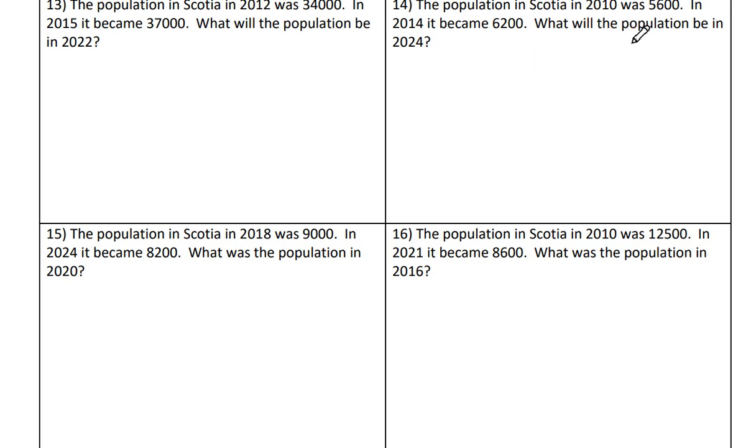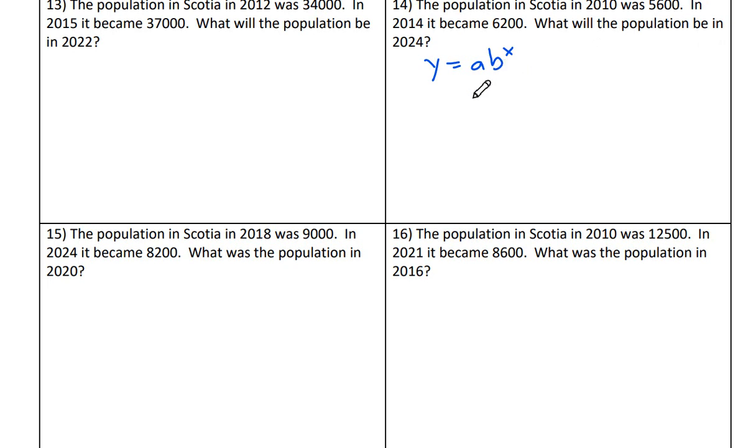The population starts in 2010 at 5,600 and becomes 6,200. What will be in 2024? So we again start with this formula. And basically, for exponential models, it is this formula unless it's continuous. You see the keyword continuously.